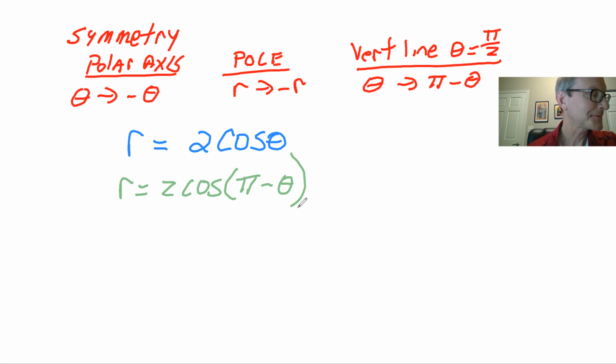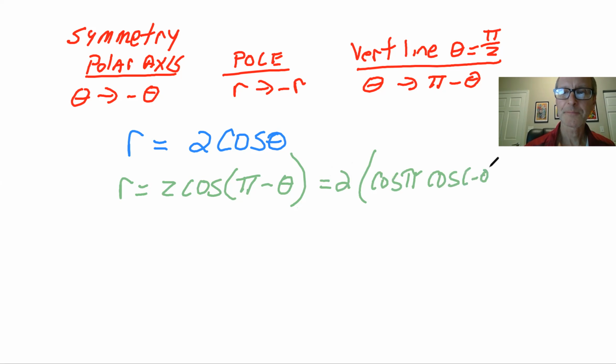And guess what? You could use the sum and difference formula now to figure out if this is symmetric or not. So how would you do that? Well, you have to get at the sum and difference. And if you look at the cosine, it would be 2 cosine of pi, cosine of minus theta.